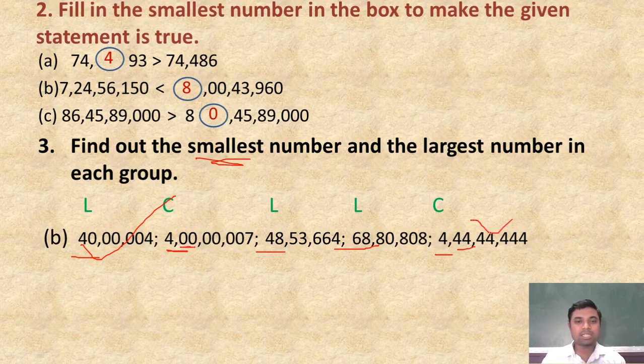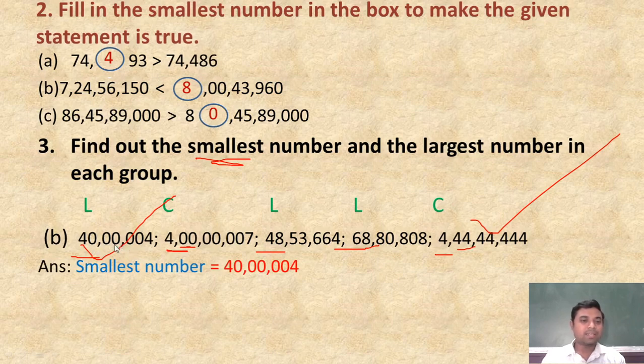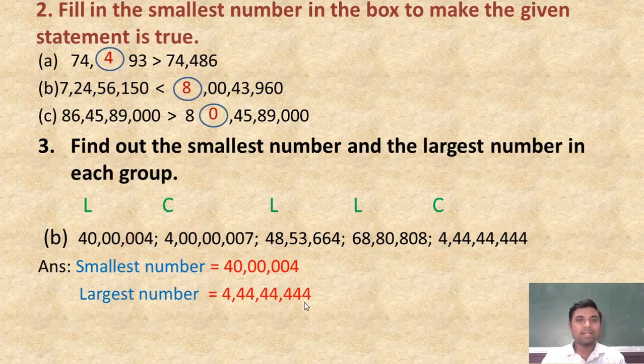That means this is the greatest or largest. So write the answer. The smallest number is this, 40 lakh 0,000 004, and the greatest or largest number is 4 crore 44 lakh 44,444. Write each and everything in your maths copy.